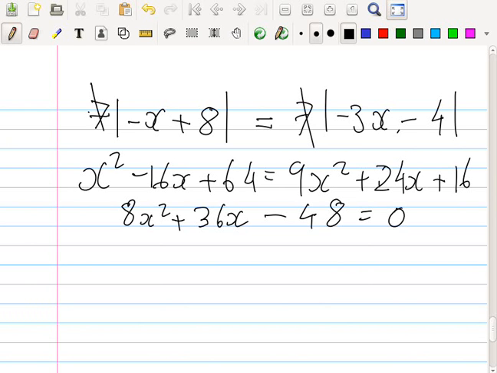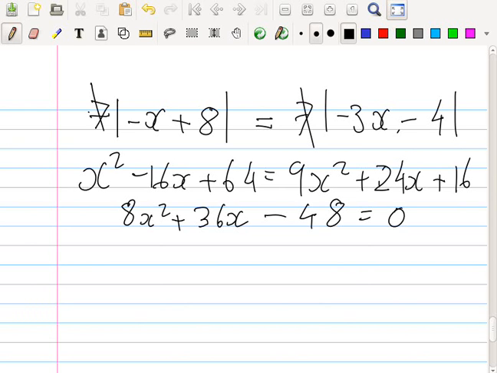Okay, so that's a quadratic, but maybe that's not too surprising, because if you remember at the start I said you could have 2 answers, 1 answer or no answers. So the fact that we got a quadratic at the end is not too surprising, because a quadratic also can have 2, 1 or 0 answers.